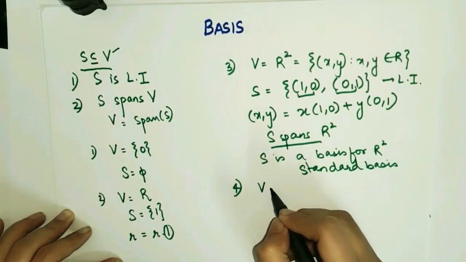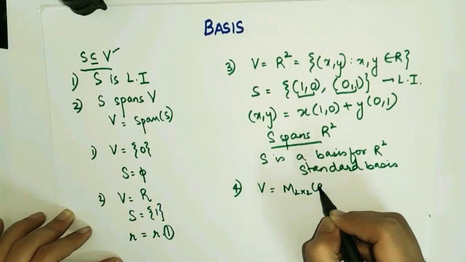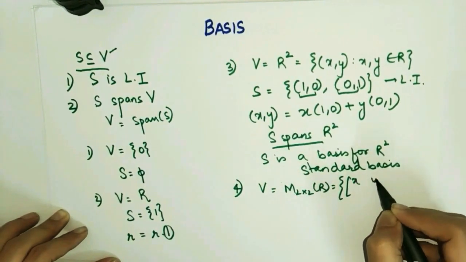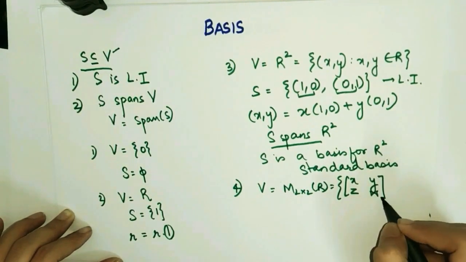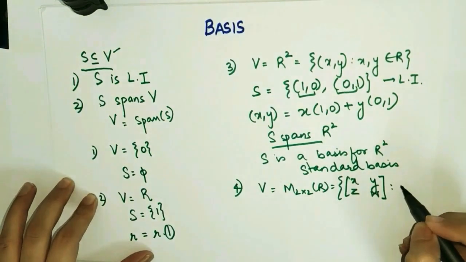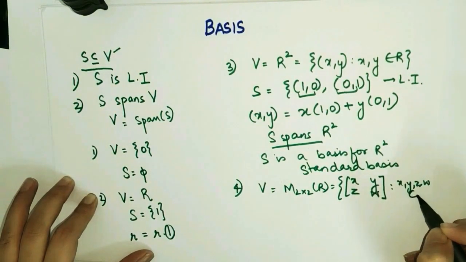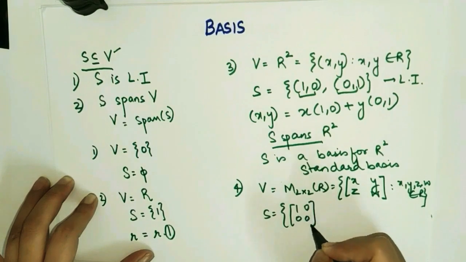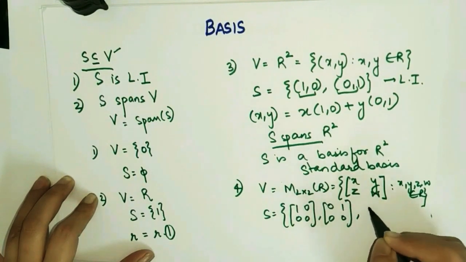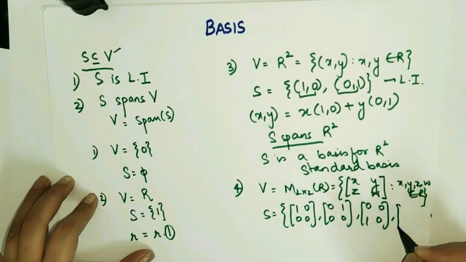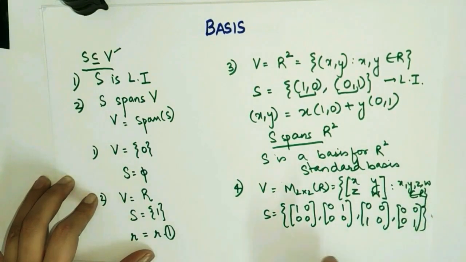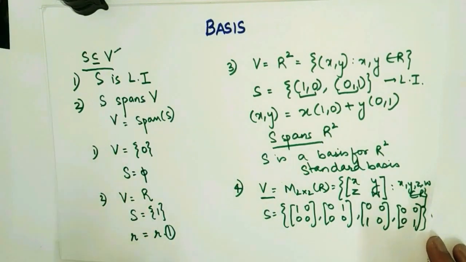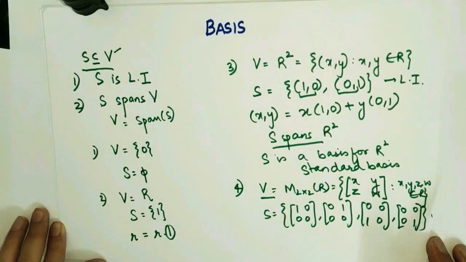Similarly, if I take V to be the set of all 2 cross 2 matrices over reals, that is, matrices of the form [x, y; z, w], where x, y, z and w are reals, and I take S to be the four matrices [1, 0; 0, 0], [0, 1; 0, 0], [0, 0; 1, 0] and [0, 0; 0, 1], then this becomes a basis for V since it is linearly independent and it spans V. This basis is again called a standard basis for the set of 2 cross 2 matrices.